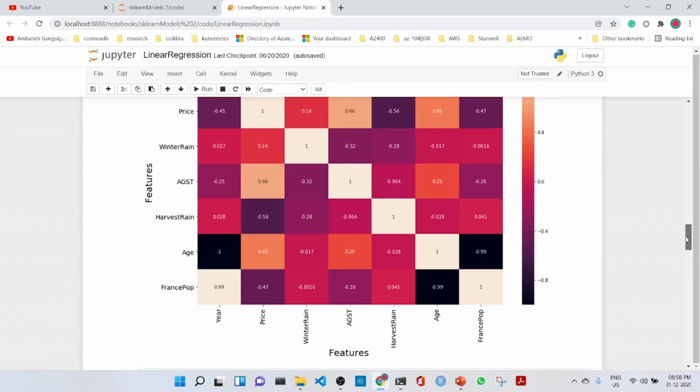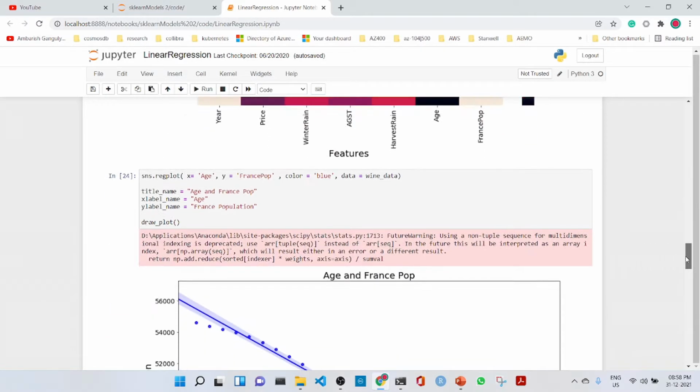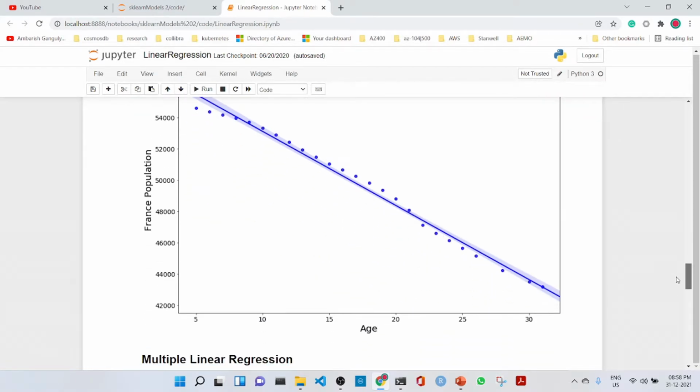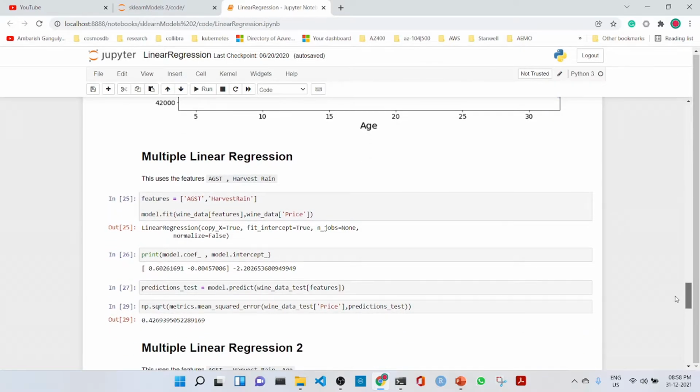You see here that age and France population is highly correlated. This is one of the highly correlated variables. It is equal to minus 0.99. That means it is negatively correlated. And we can see it from this figure, it is a straight line and it is negatively correlated.